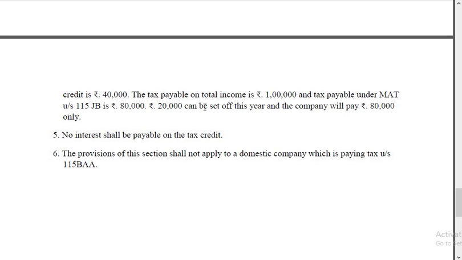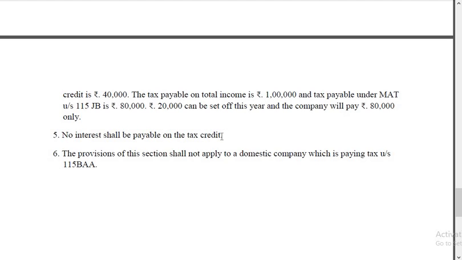Now here 20,000 can be set off this year and the company will pay 80,000 only. In other words, 1 lakh minus 80,000, 20,000 you can avail this year, whatever may be the credit there. In the MAT credit, there might be 1 lakh, but still you cannot make use of it. You can make use of just 20,000.